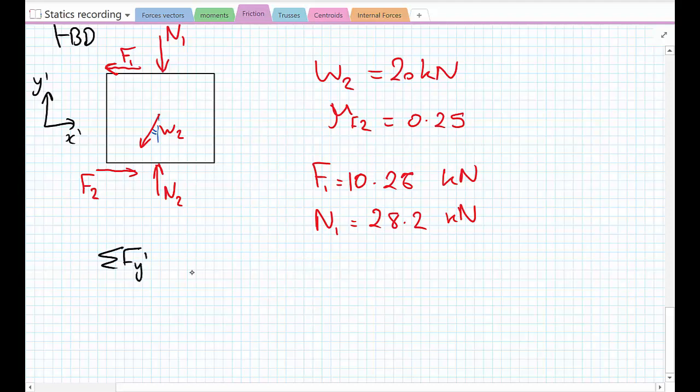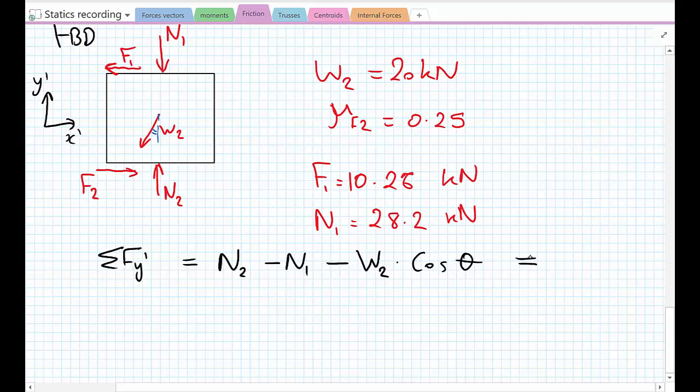So we have, pointing upwards, N2, but pointing downwards, so minus N1, and a component of W2 pointing downwards, so minus W2 cos theta to get the component of W2.